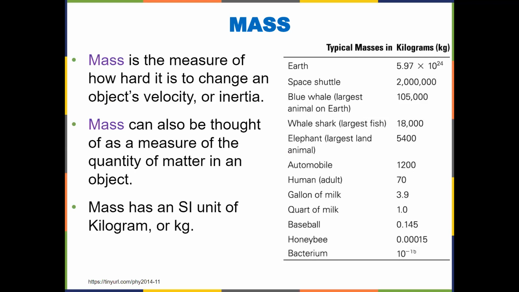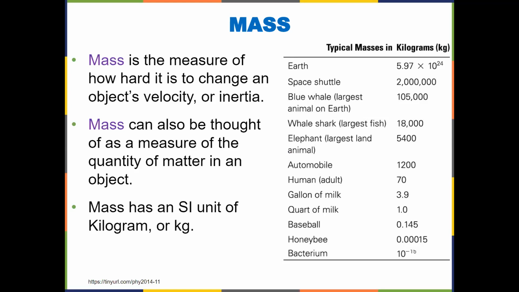Mass has an SI unit of kilograms, not grams. Remember, this is kilogram for the SI unit, not grams. The table on the right here lists some of the typical masses measured in kilograms. The Earth is a very big one, roughly 6 times 10 to the 24 kilograms.